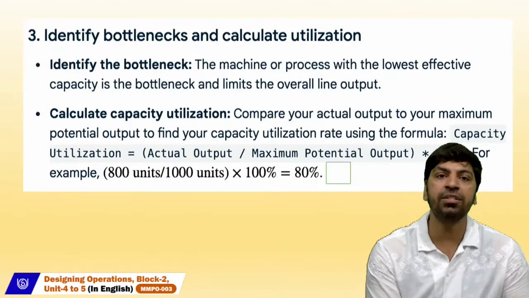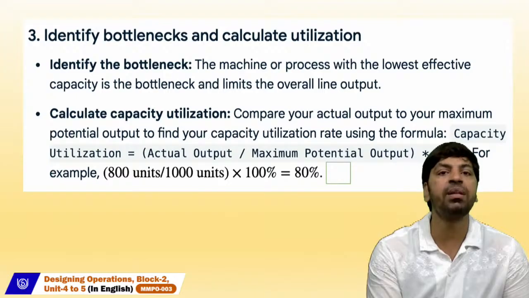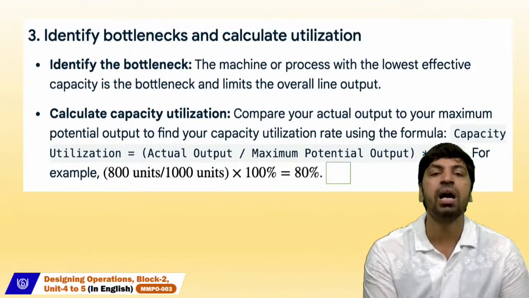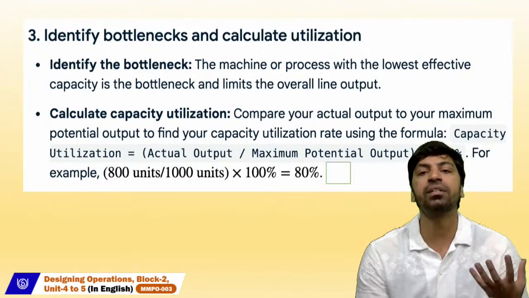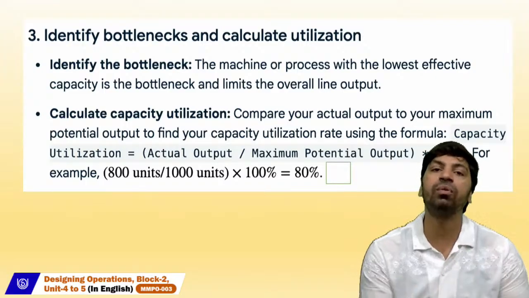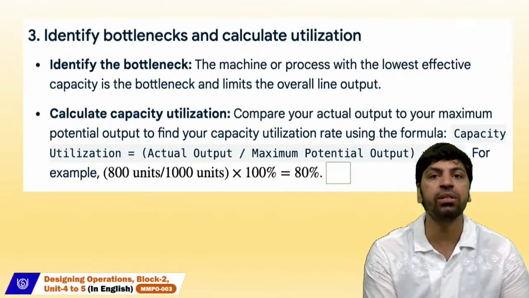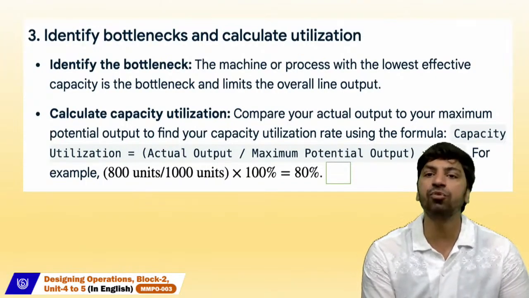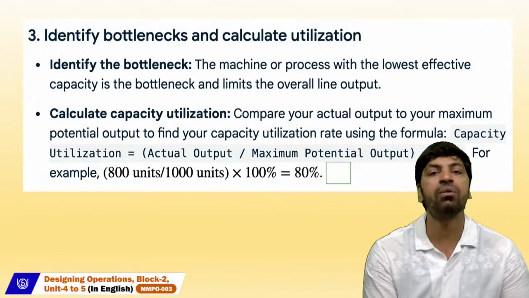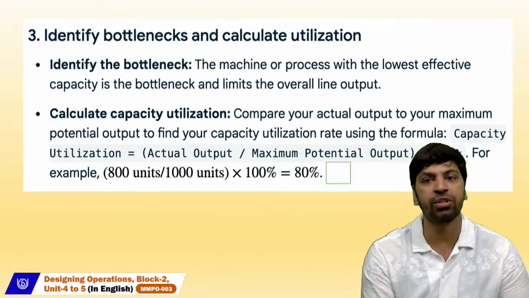And the next step is to identify the bottlenecks and calculate utilization. Identify the factors which slow down the production process. To calculate capacity utilization, compare your actual output to your maximum potential output to find the capacity utilization rate.